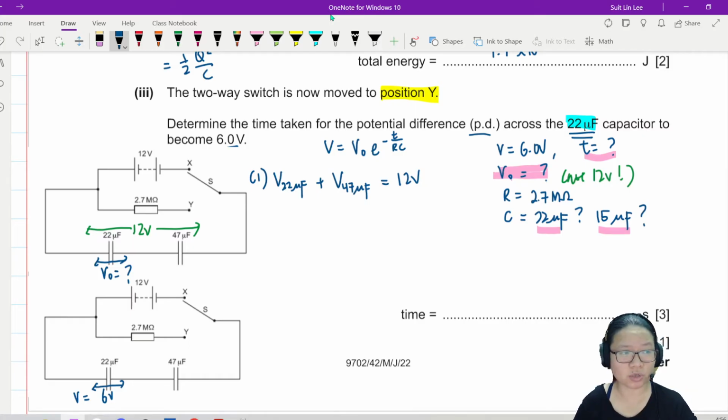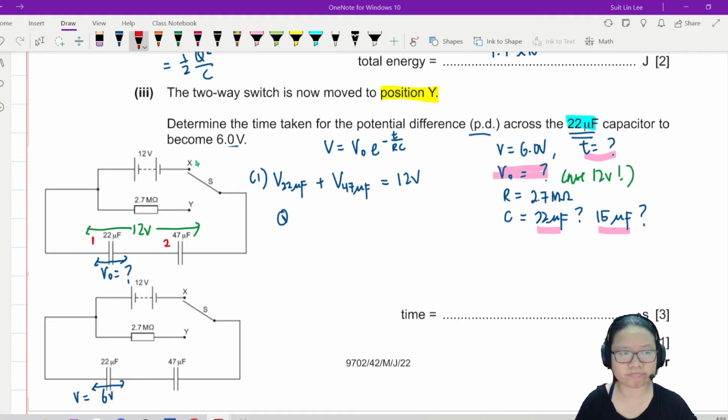Okay, what else do I know? I know that the charge stored is the same. So for ease of reference, maybe I'll call this capacitor 1 and I'll call this capacitor 2. Okay, I'm finding the initial PD.